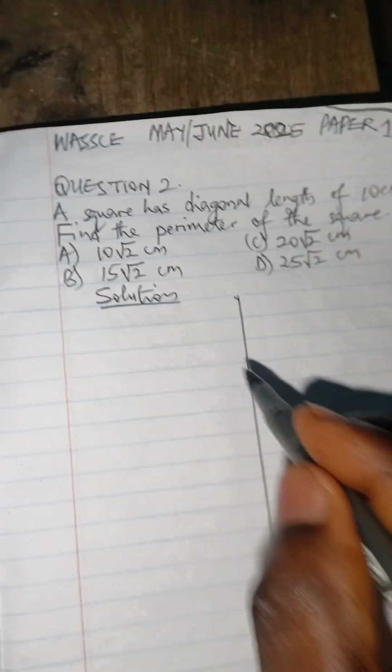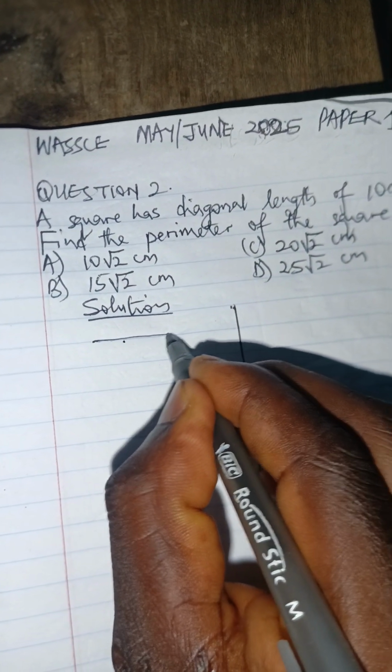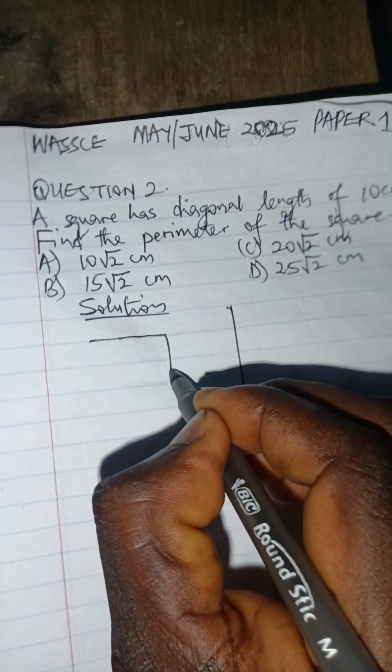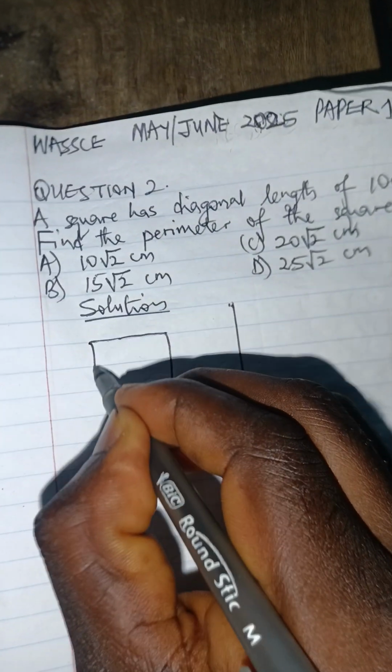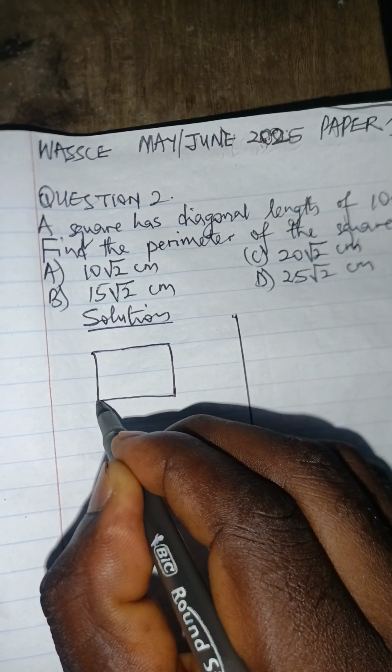All right, let's begin. For us to be able to solve and understand this very well, we need a sketch of the square. Remember that a square is any plane shape or polygon that has four equal sides. So we are making a sketch.